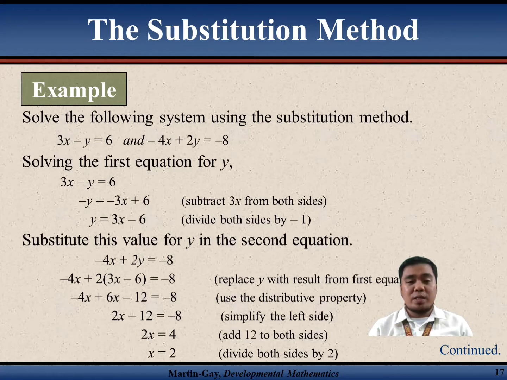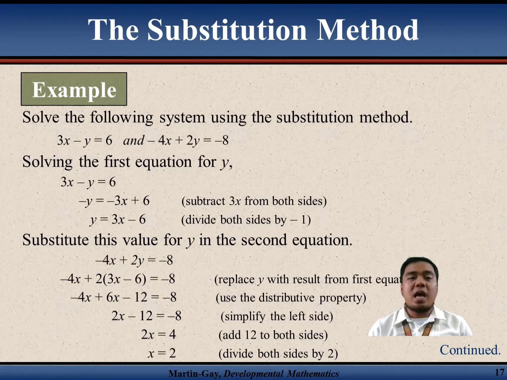So again, I will transpose -12 to the other side since it is a constant. What is being left is 2x = 4, because -8 + 12 is 4. All right, so divide by 2 to get the value of x. 4 divided by 2 is equal to 2.